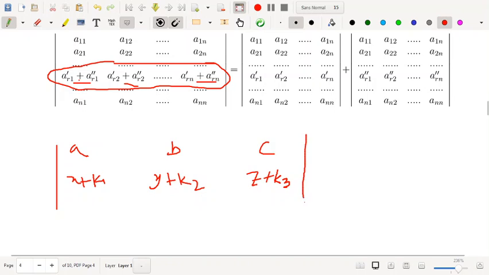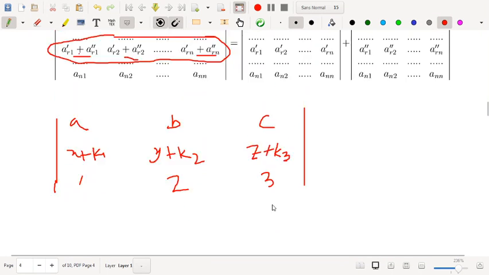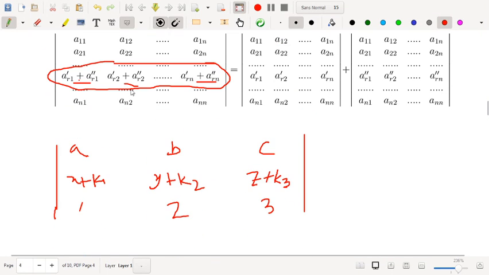And lastly you have 1, 2, 3. So what you can do, you just check with this, you can split this into 2 determinants.